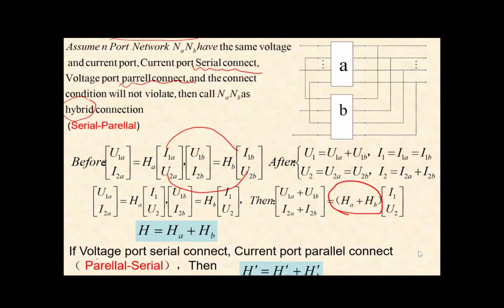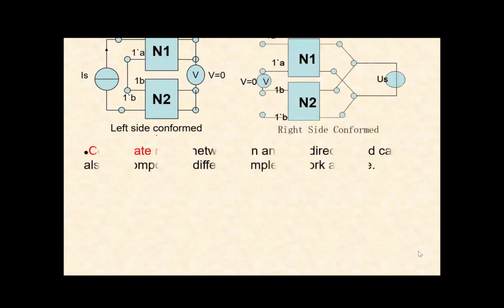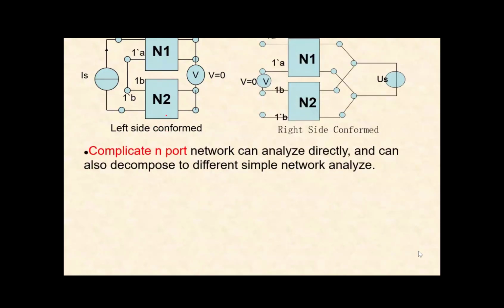So if the voltage port is serial connected and the current port is parallel connected, we can use the H parameter to express. When hybrid connect, we can also use a similar method to judge if the port condition conforms.